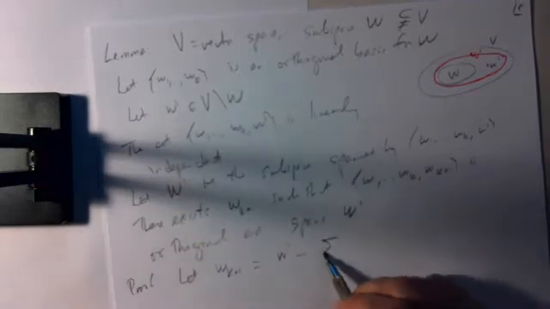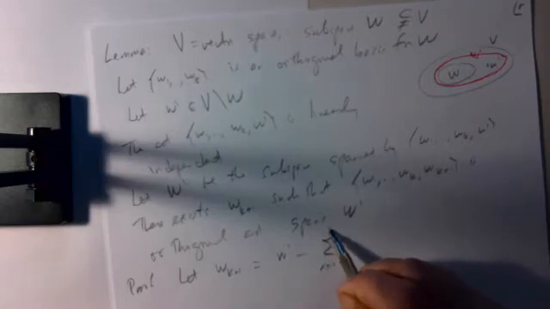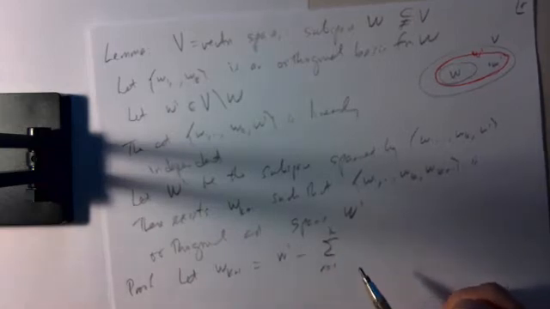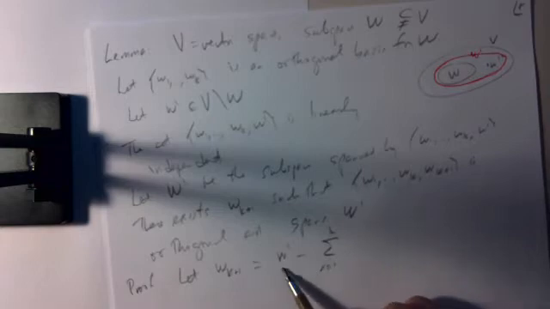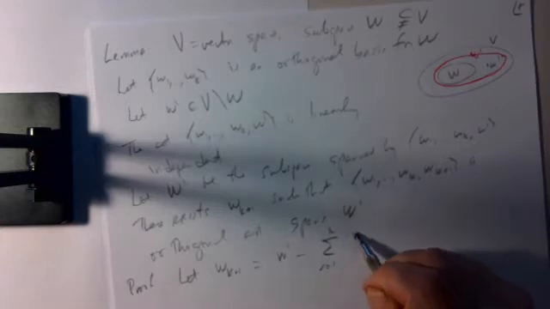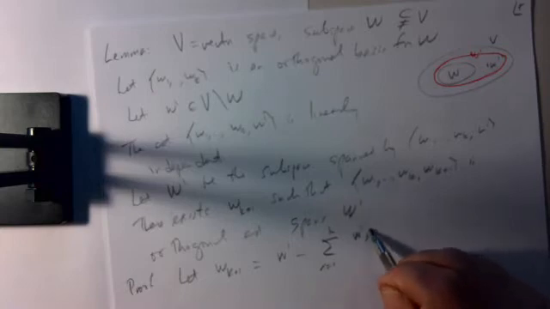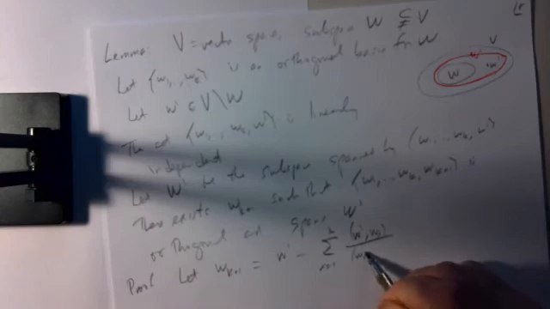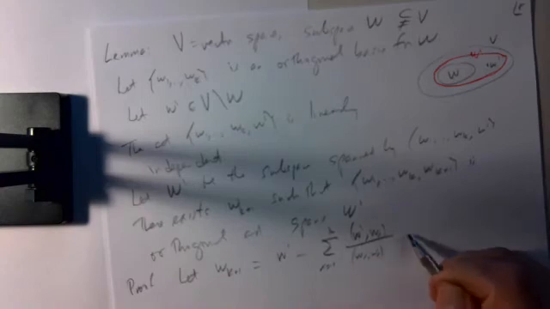So for each i from 1 to k, the component of W prime along Wi is the inner product of W prime and Wi, divided by the inner product of Wi with itself, times Wi.